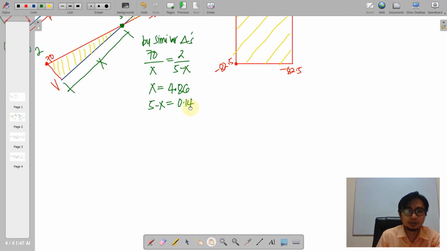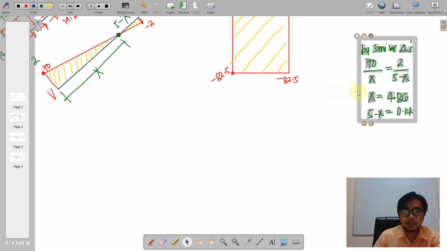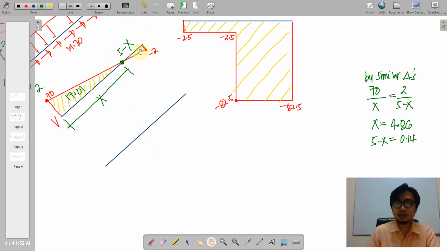Okay, so we wanted to compute the area here on determination of x. This is a triangle. We have 1/2 times 70 times x, which is 4.86. So this is 17.01. We also do the same to the smaller triangle here.